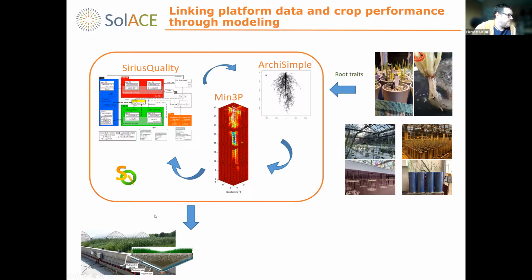So we can try first to reproduce and to predict differences between genotypes in experiments carried out in SolACE, like in the RadiMax platform in Copenhagen, but also we can explore the response of different combinations of traits at the European scale or different scales.